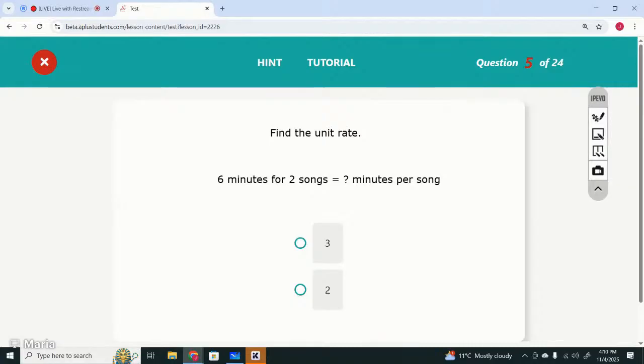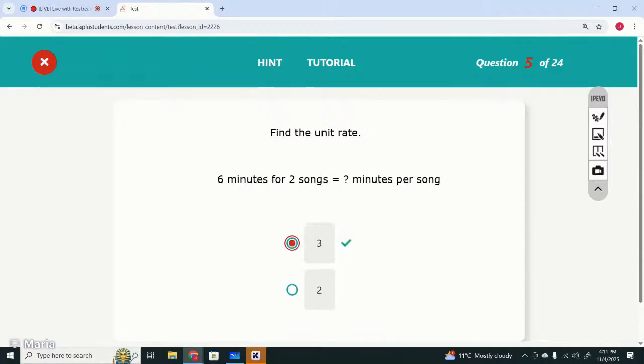Find the unit rate. That is 6 minutes for 2 songs, so 3 minutes per song.